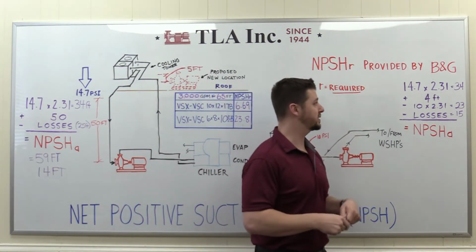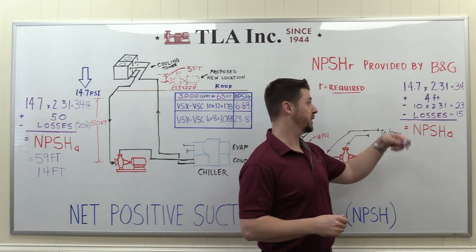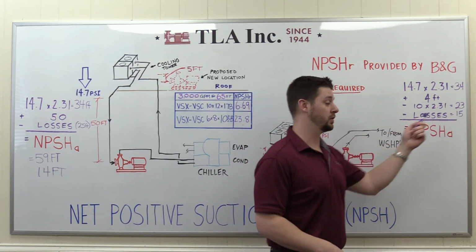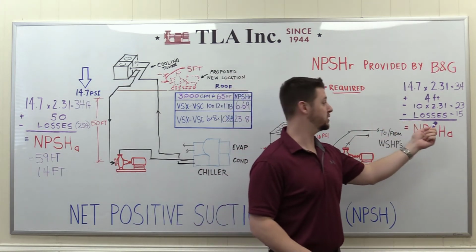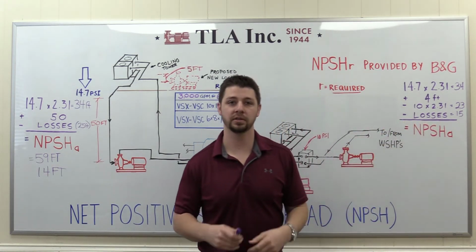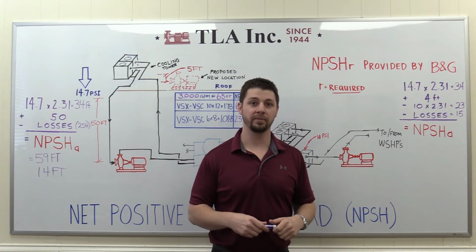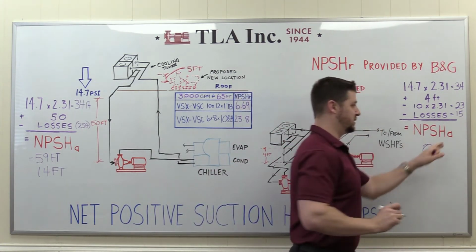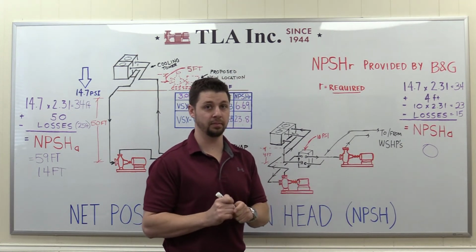We have that 34 feet of head, we have that 4 feet of elevation change, then we start subtracting our losses, the 10 psi for the heat exchanger, and some additional losses for a dirty strainer and other pipe fittings. We quickly end up at 0 for what is available.